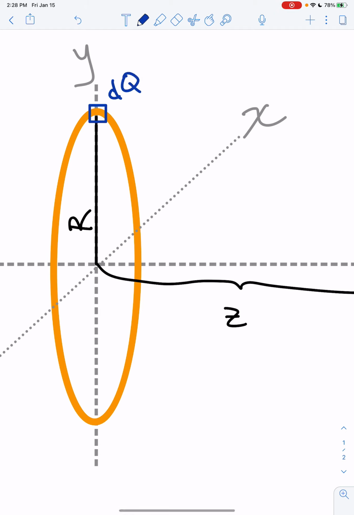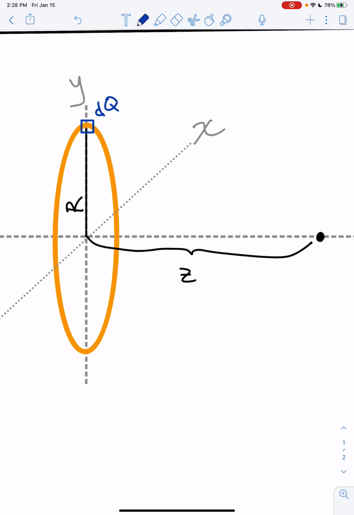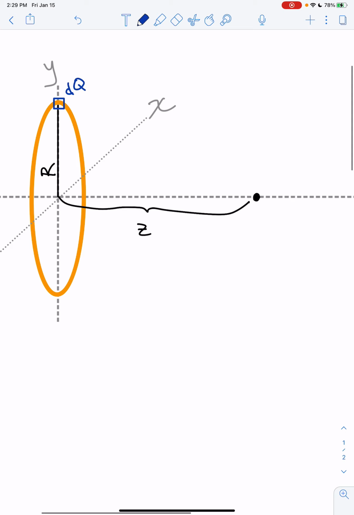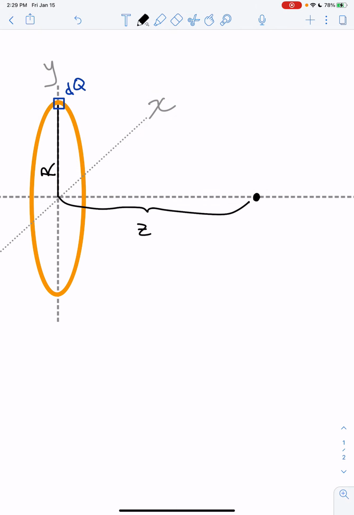We've got a Q of charge along the entire ring, and some little piece of it will be in this little piece of the ring. And so how is that going to contribute to the electric field at that point? Let's try out a line along there. Okay, so we'll draw a line going from our dq to our point.